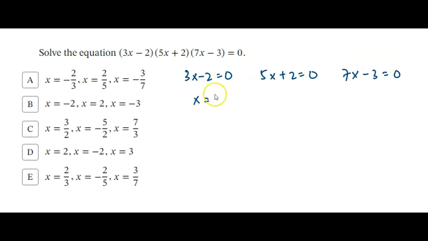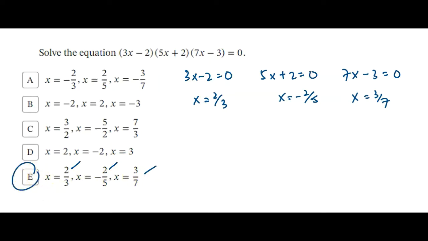From here, we got x equals to 2 over 3, x equals to negative 2 over 5, and x equals to 3 over 7. Let's find the correct answer. Okay, x equals to 2 over 3, x equals to negative 2 over 5 and 3 over 7.